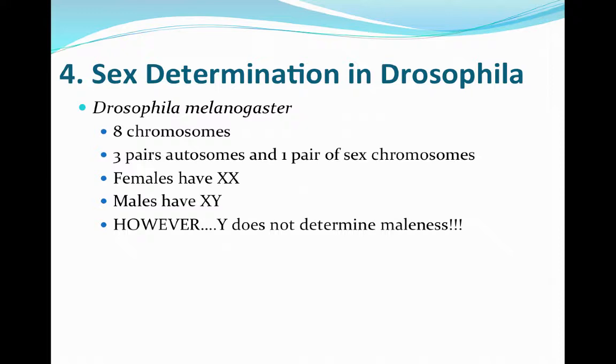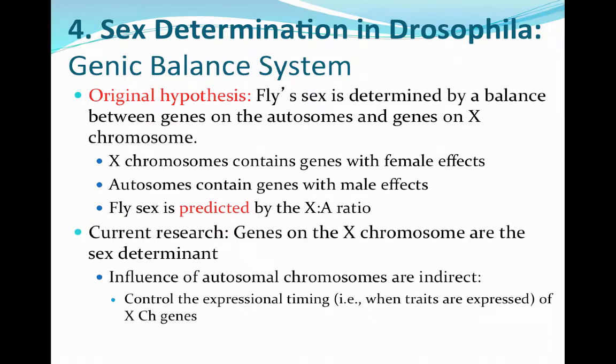The female is going to have the genotype of XX, and the male will be XY, but it's very different than the human system. Y actually does not determine the degree of maleness in Drosophila species. So you'll see what we're talking about in just a few minutes.